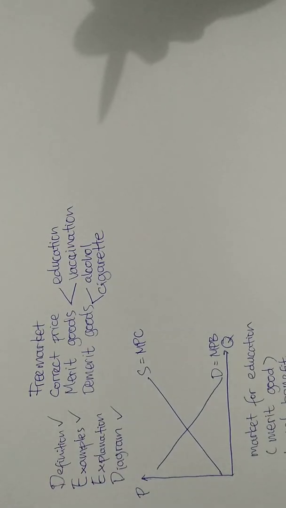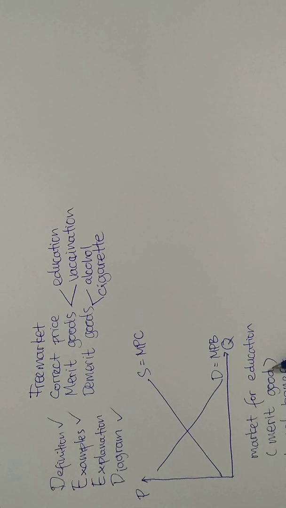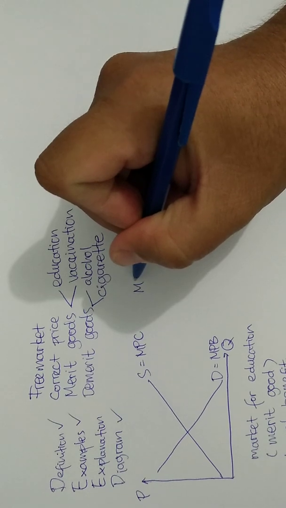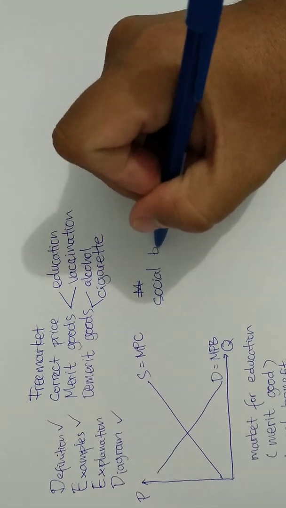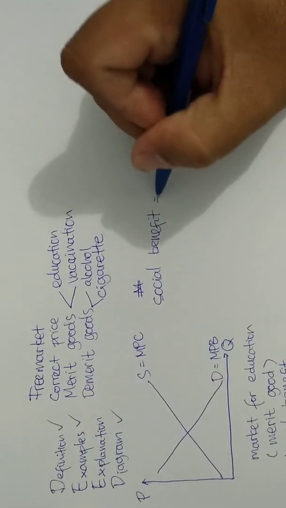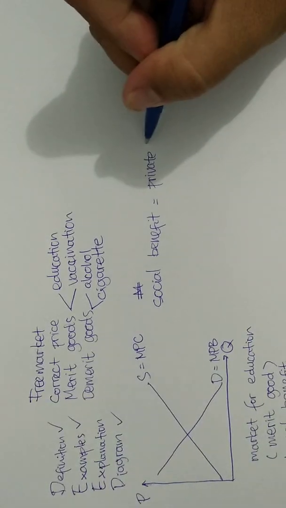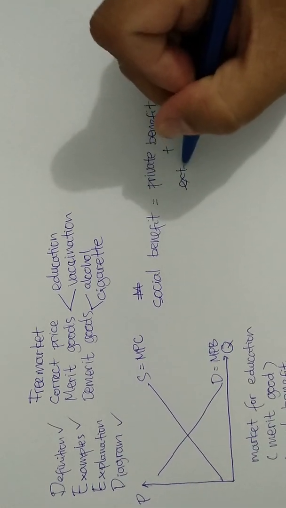Okay, you remember that? Yes. Unfortunately, merit good is giving external benefit. Now, do you remember the marginal social benefit is the addition of private benefit plus external benefit?